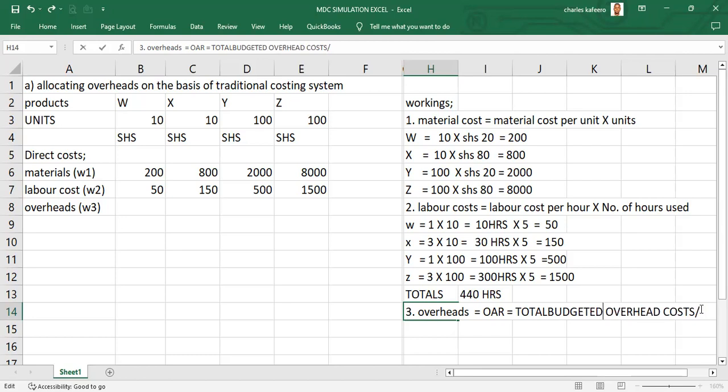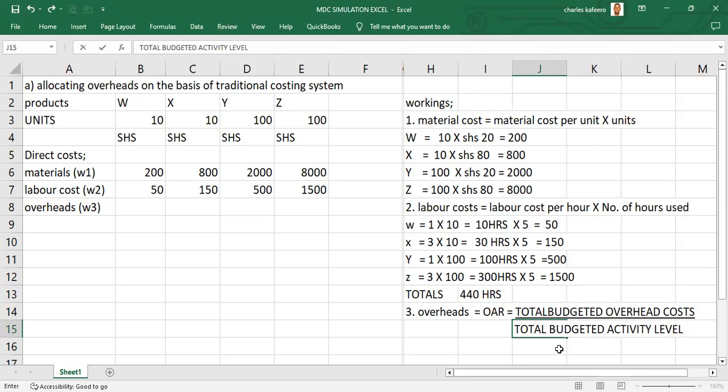We divide the whole of this by the total budgeted activity level. And in this case, we are going to use labor hours.